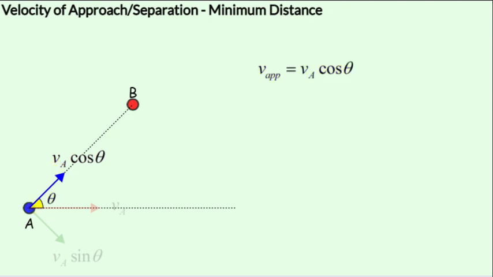As the ball A travels to the right, it is clear that the angle theta will keep on changing, and therefore the velocity of approach would also keep on changing, both in magnitude as well as in direction. Let's watch what happens as ball A moves to the right.